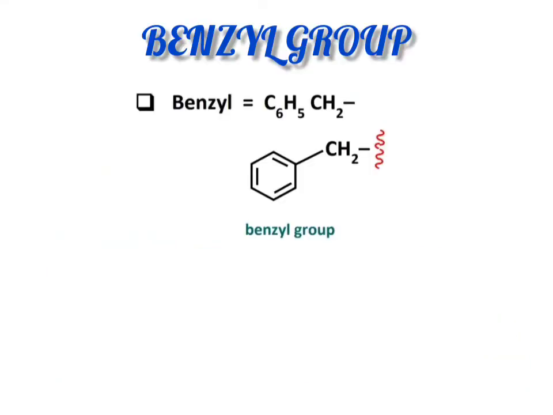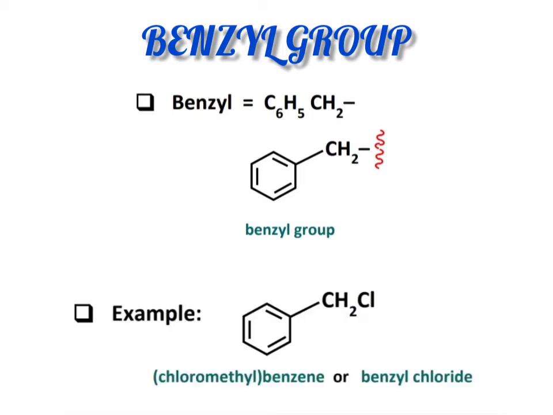Next, we look at benzyl group. Benzyl group is benzene directly bond with CH2. CH2 tau, bukan CH2CH3. Okay, so sekarang ni kalau CH2 that bond with benzene attached to chlorine, we call as benzyl chloride. If we replace the chlorine atom with bromine atom, so dia jadi benzyl bromide.